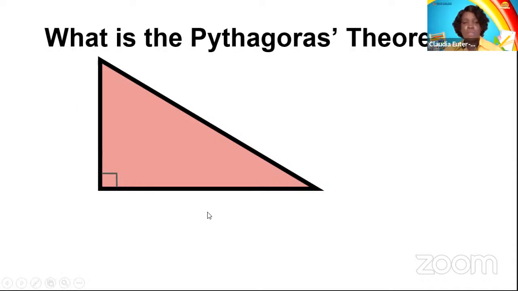So based on how this diagram is labeled, which one would we actually use? It can be a squared equal to b squared plus c squared, but based on how this triangle is labeled, which one is the correct one that we are going to use for this particular question? Is a squared equal b squared plus c squared, or c squared equal to a squared added to b squared?